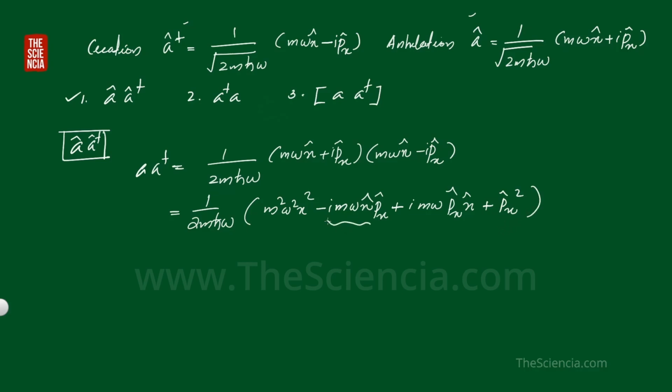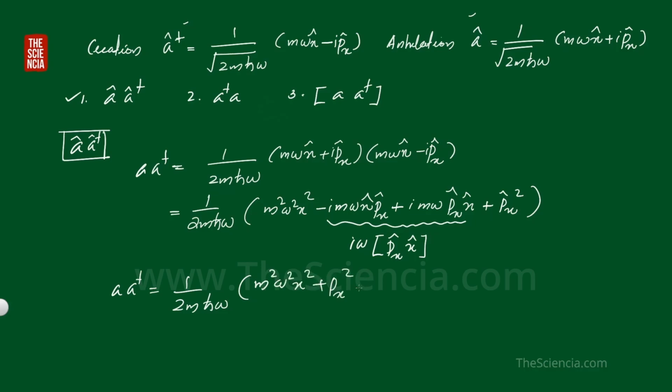Here I can rewrite this term as i mω times the commutator of p_x cap and x cap. Sorry, I missed one m term also here. So we got a a dagger is equal to 1/2mħω into m² ω² x² + p_x² + i mω [p_x cap, x cap].